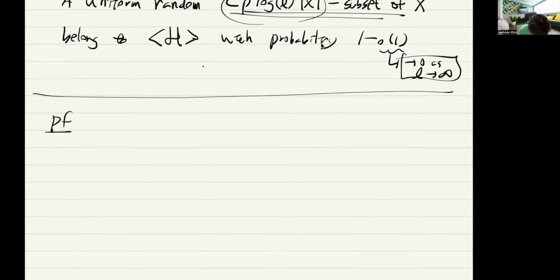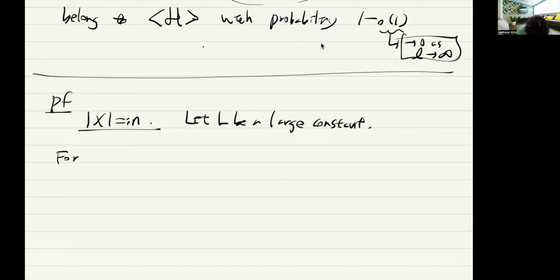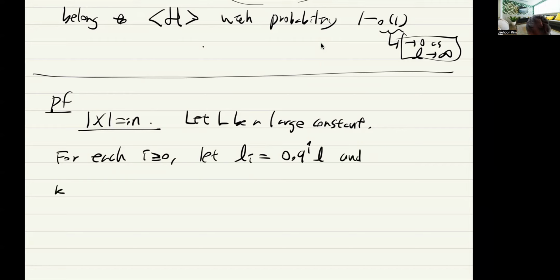Now let's say that your set X is of size N, and let L be a large constant. Now for each i, we let Li be 0.9^i times L. Technically, you have to take ceiling or floor to make it an integer, but we will not put ceilings and floors and treat them as integers.